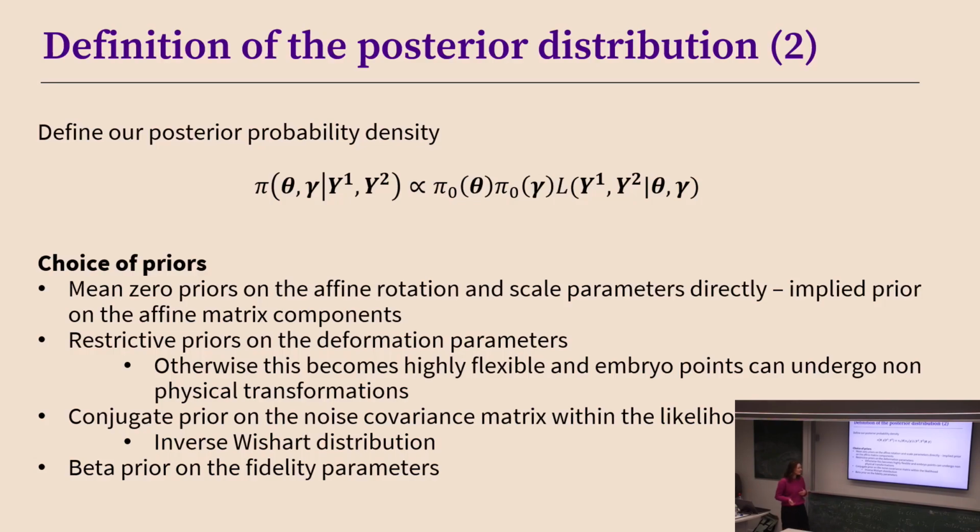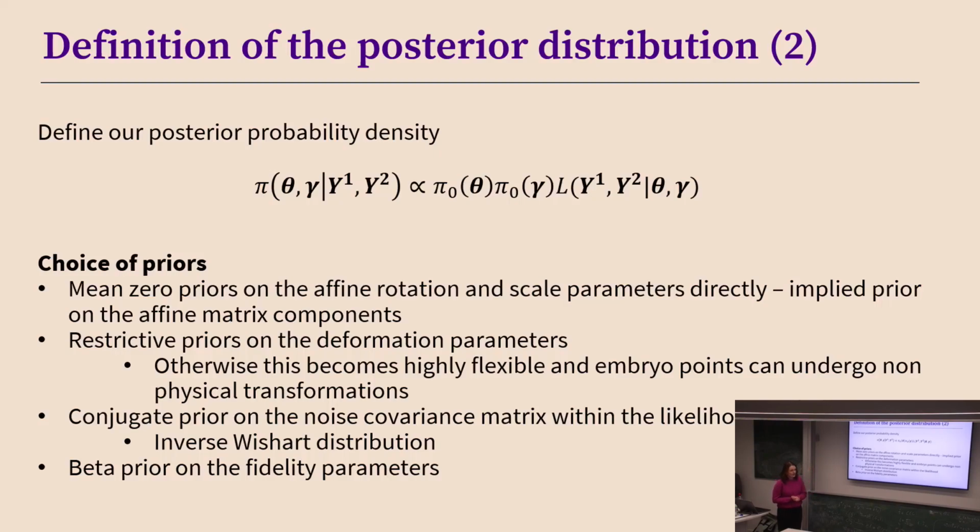They're just mean zero parameters, and we define their variance. If we are including the deformation, we use quite restrictive priors on the deformation parameters, because otherwise we can have really non-physical deformations of the embryos that we're just not going to see, and so we're just trying to make our job a little bit easier at this point. And then we also include beta priors on each of the fidelity parameters. So for each of the N1 fidelity parameters, we define our beta prior.